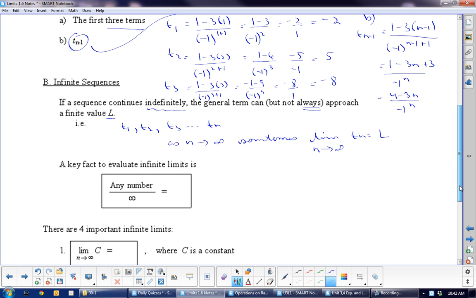So let's investigate what we mean by sometimes. How can we tell?